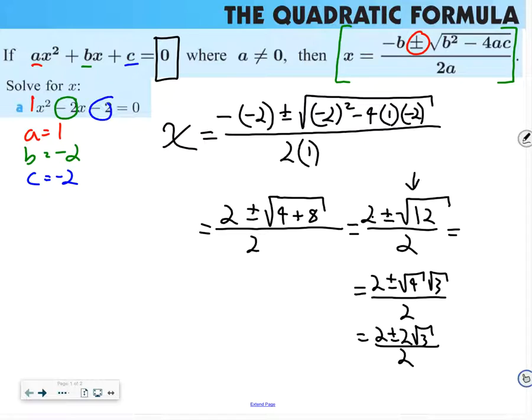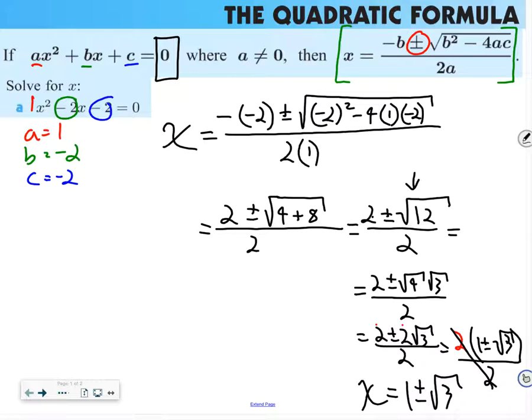And because my numerator has a common factor of 2, I can factor that out. So this is 2 times 1 plus or minus the square root of 3 over 2, and that's convenient, so they cancel out. So my final answer for x here is equal to 1 plus or minus the square root of 3.